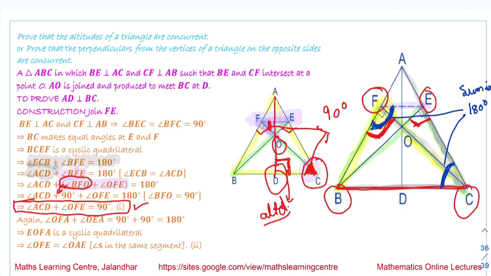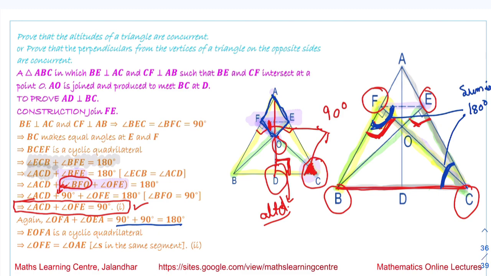Again, if we are talking about OFA, this angle OFA, plus OEA, these two angles, their value is 90 degrees plus 90 degrees, that is equal to 180 degrees.